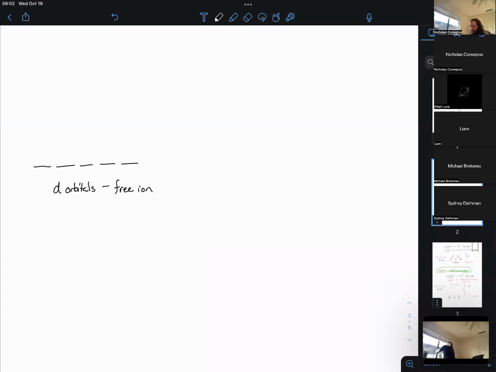All right. So if we have a free ion, so for example, something like the iron 2 ion, it has these d orbitals that are all at the same energy. But then all of a sudden it forms an octahedral complex, and we have splitting of these d orbitals into these different energies.